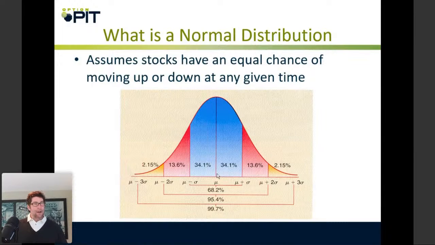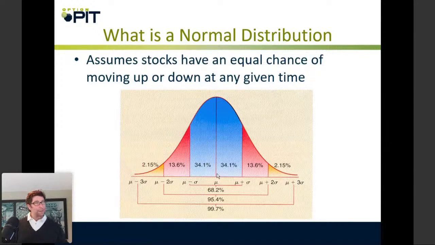And you can describe the range of moves. Most of the moves will be within 68.2% of the average or the mean. 95.4%, which is by far the most, will be 2 standard deviations away from the mean. 3 standard deviations away, which is a common phrase, is 99.7%.